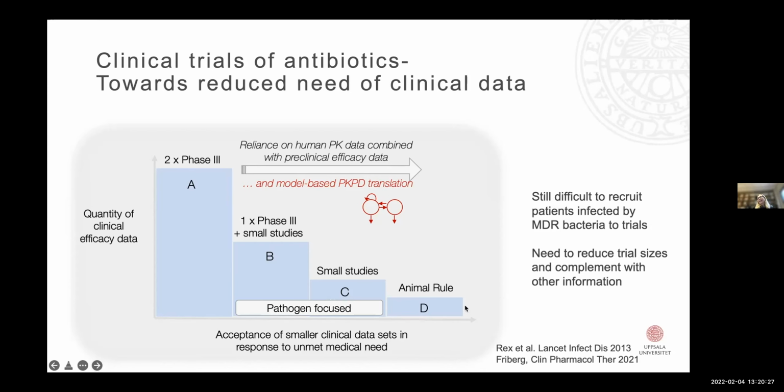The animal rule is for compounds against anthrax, for example, where you can't really study in humans at all. But for most infections we are talking about, we will still need some efficacy data in patients also in the future.